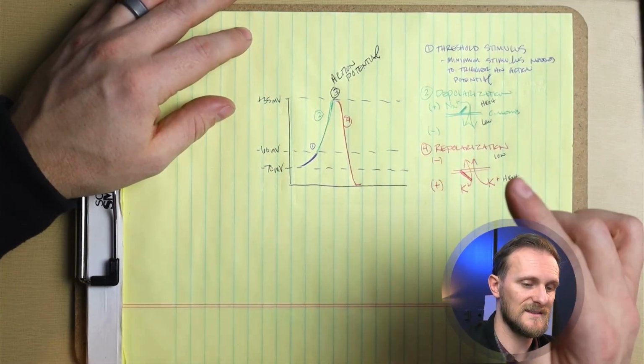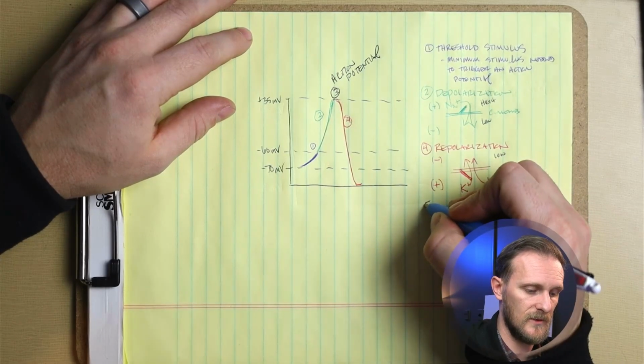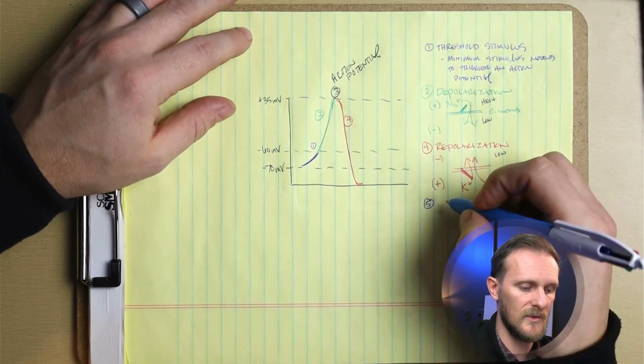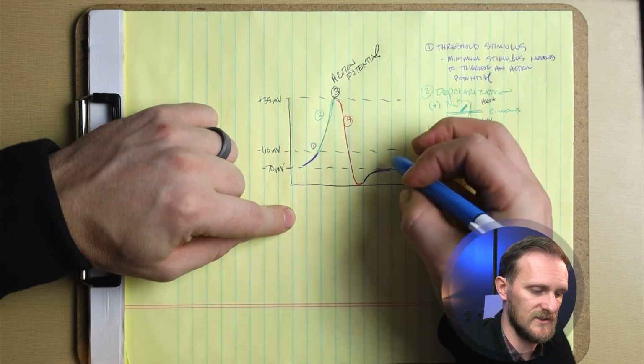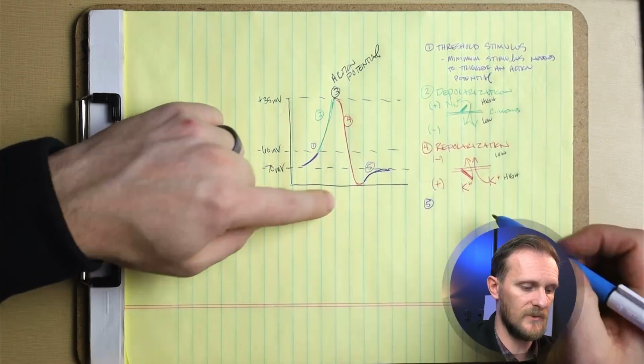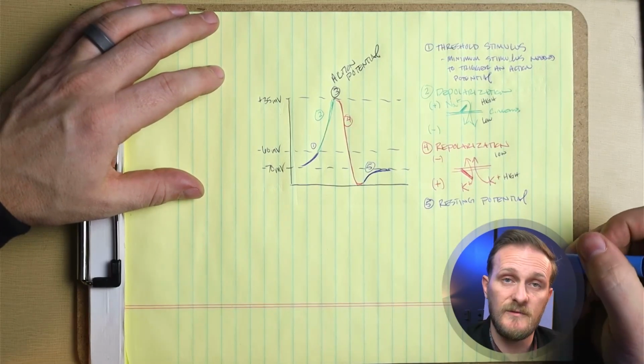So for step number 5, we'll just go back to blue on this one. Step number 5 is where we want to get back up to our resting potential. So step number 5, what's happening to get us back to resting potential? This is where active transport comes in. So now we're linking in, we've got a little bit of chemistry, learning about ions.